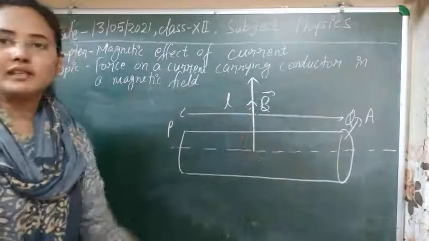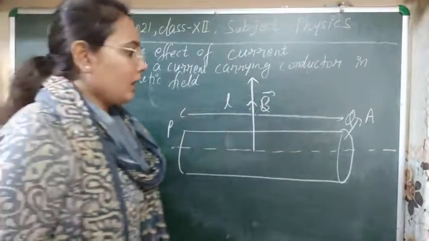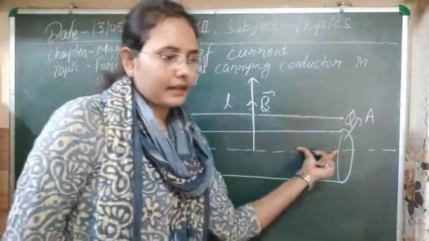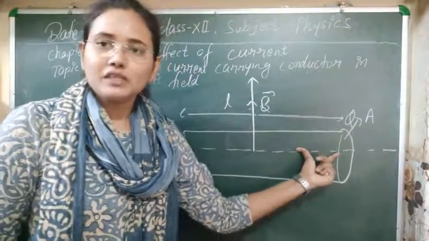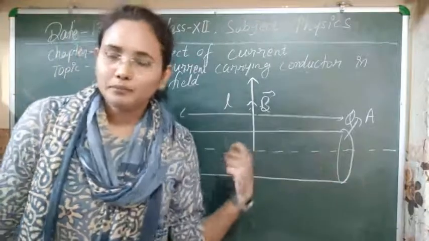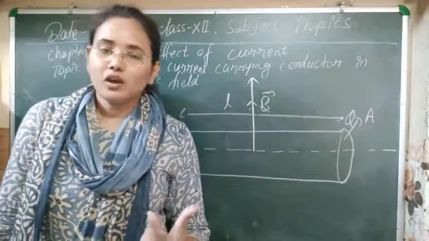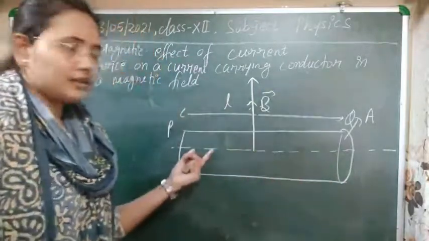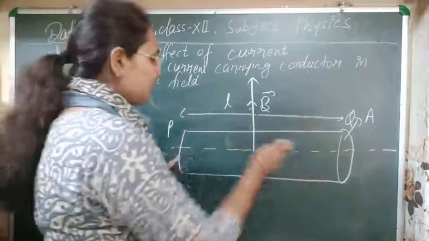We connect this conductor to an external battery, and due to that the flow of electrons or charges in this conductor is from this end to this end.